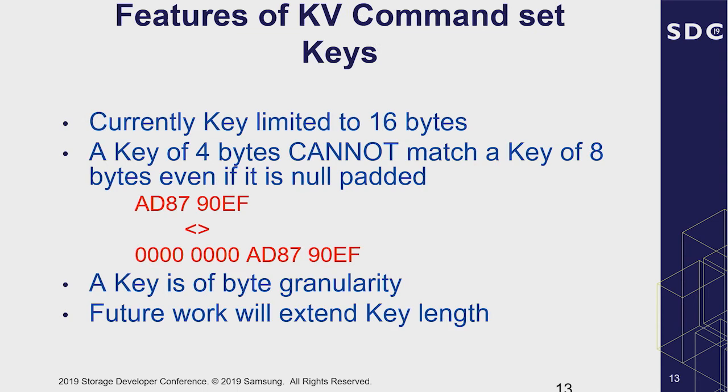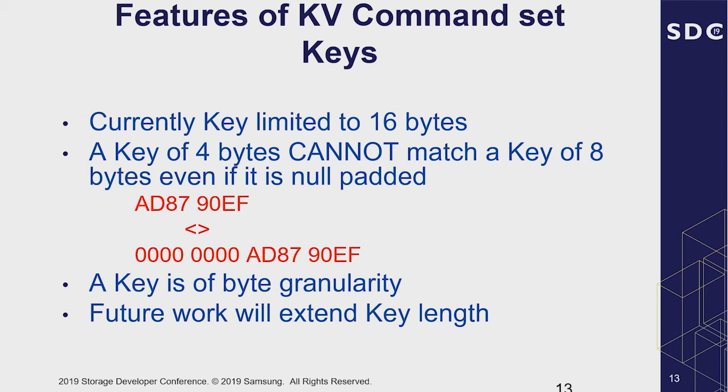So, features of the key value command set. This is where I get into some of the limitations that I mentioned early on. While we talk about a key being any length, being variable length, for the first pass at the KV command set, the key is limited to 16 bytes. This is a limitation that comes out of the standpoint that you have a certain command size that has been defined in NVMe.